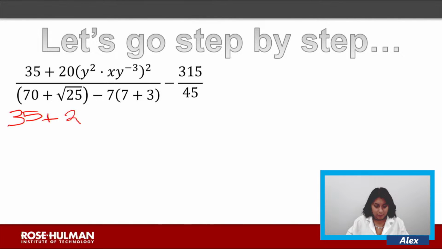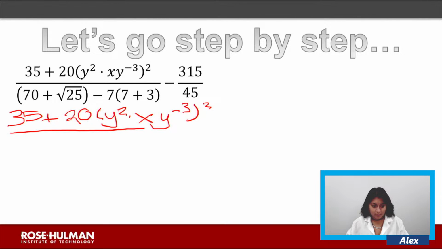So what that looks like when we do it is we have the same exact thing up top. And then on the bottom we can get rid of our parentheses.